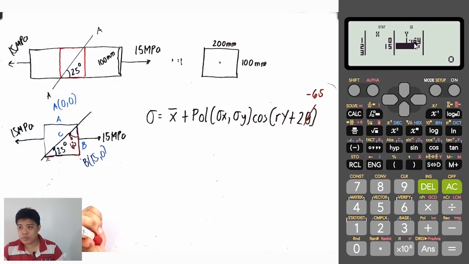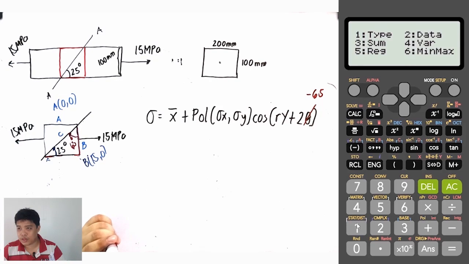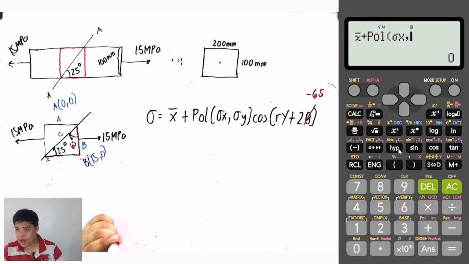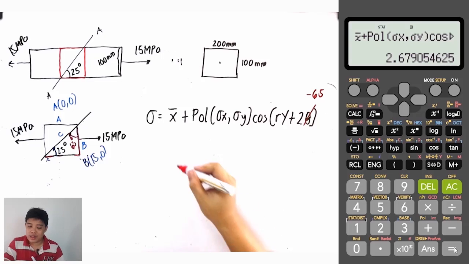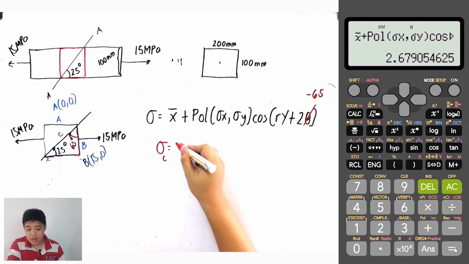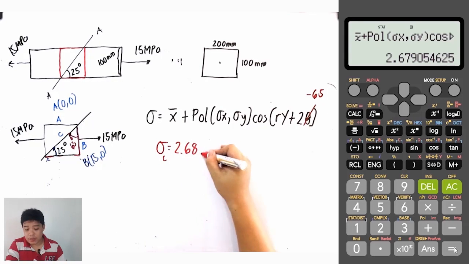You can actually put 0.001 here, in any of which you can do so. Let us press AC. And then let's repeat the algorithm. Shift stat number 4, minus 130. The answer is 2.68 megapascal. Normal stress at C is positive 2.68 megapascal.